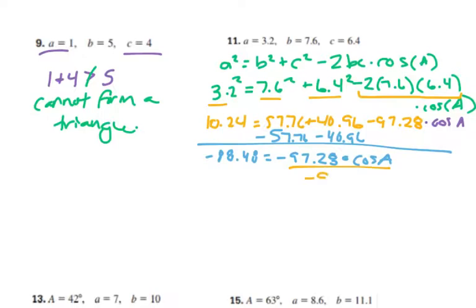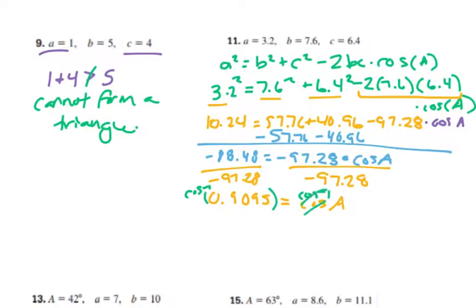We divide by our multiplier. And divide by negative 97.28 means that we have 0.9095 equal to cosine of A, or of course I need to take the cosine inverse, because then the cosines will cancel and we'll have angle A equal to cosine inverse of that, which is 24.56 degrees.